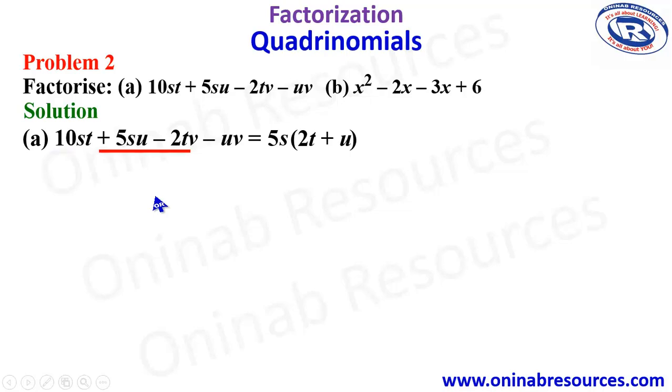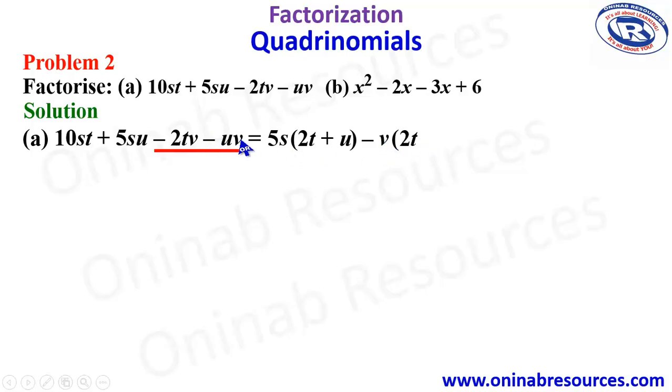We go to the last two terms. For the last two terms, we have minus 2tv minus uv. We have minus v here, we have minus v here. Can you see that? So we are going to have the HCF to be minus v. Open bracket, minus 2tv divided by minus v, we are going to have 2t.